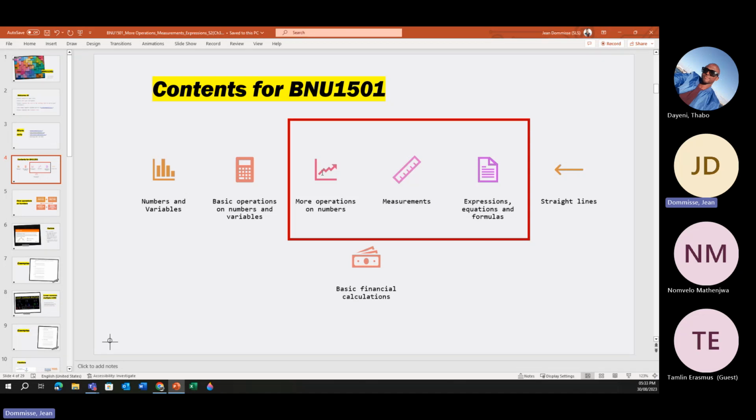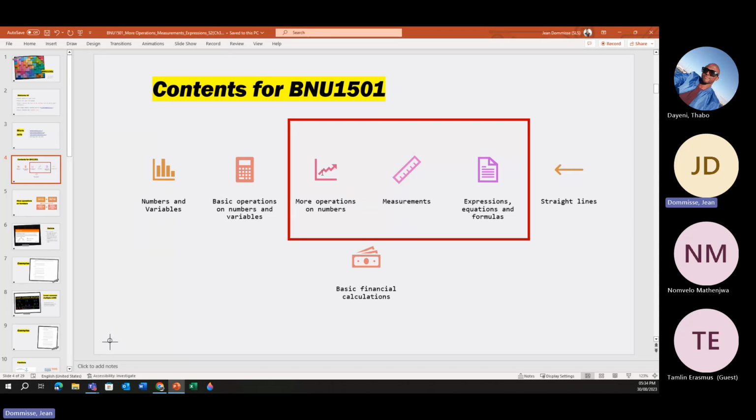Last week we looked at numbers and variables and the basic operations. Tonight we'll look at more operations on numbers, Topic 3, then we go into some measurements, and then expressions, equations, and formulas.